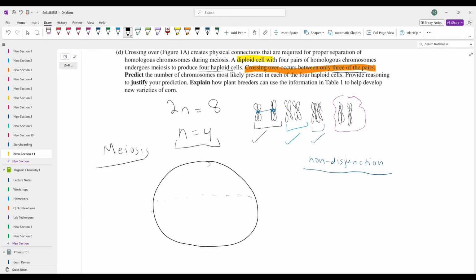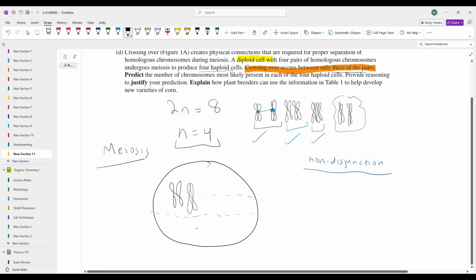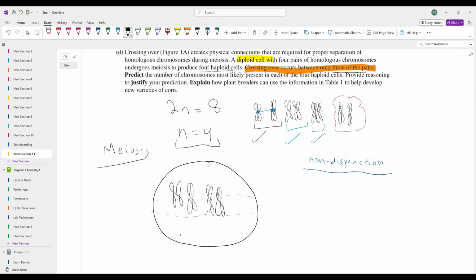Let's draw our spindle fibers, lining up across the metaphase plate. I'm not drawing this very well. Oh gosh. 1. Whoa, why did that delete? 2, 3, and 4.